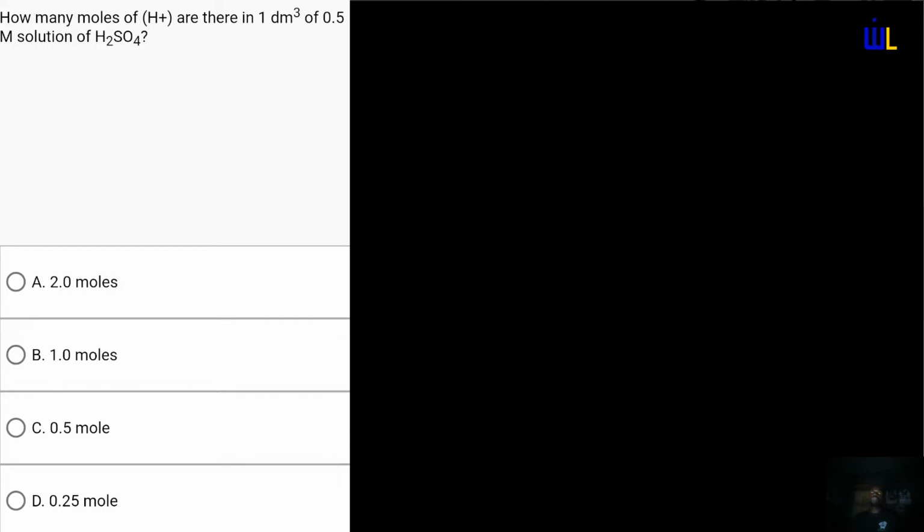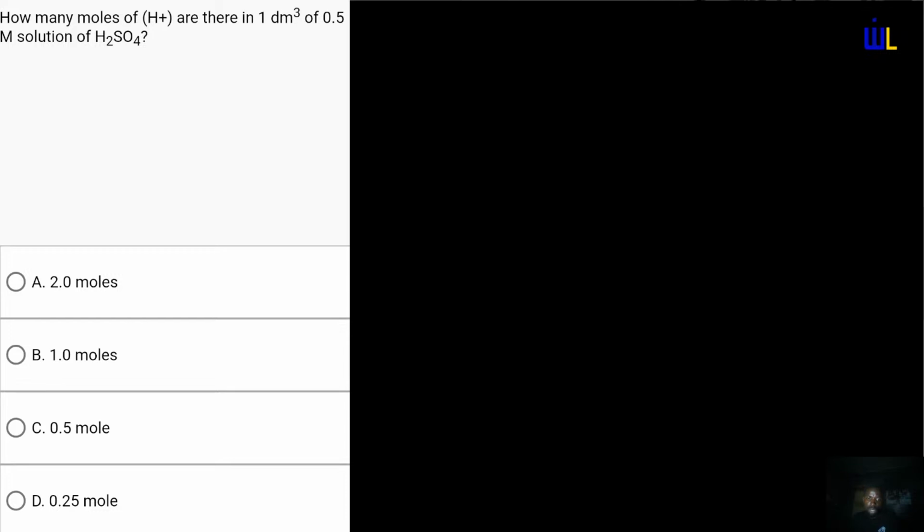Okay, so let me solve this question. It says how many moles of hydrogen ion. It did not ask for the concentration, but it's important to note that to find the number of moles, you actually need to use concentration. How many moles, not the concentration, but moles, are there in 1 dm cube of 0.5 molarity solution of H2SO4?